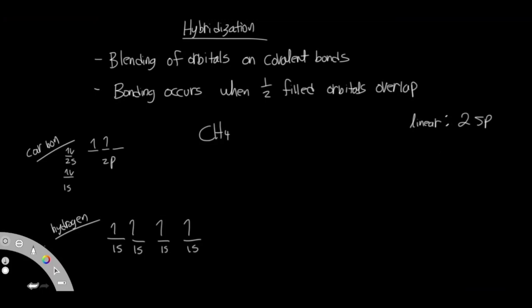So linear has 2sp, trigonal planar ends up having 3sp2, then we have tetrahedral, which is 4sp3. And then we have our trigonal bipyramidal.